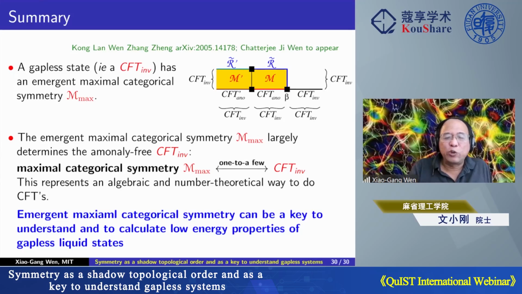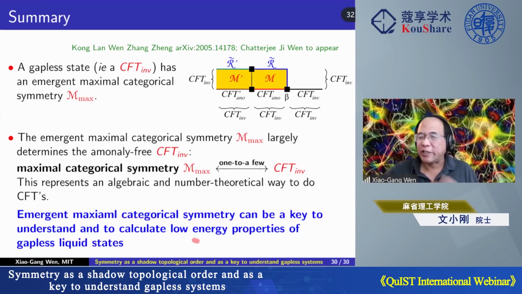And then using the maximal categorical symmetry, we probably can largely determine the gapless theory. So maybe this maximal categorical symmetry may be the key to understanding and calculating the low energy properties of gapless liquid states.